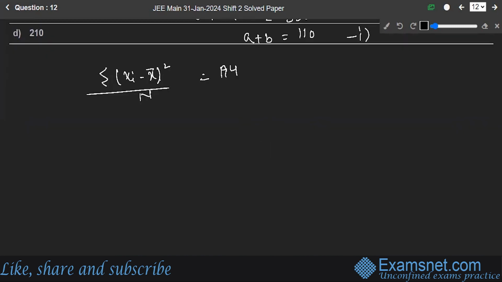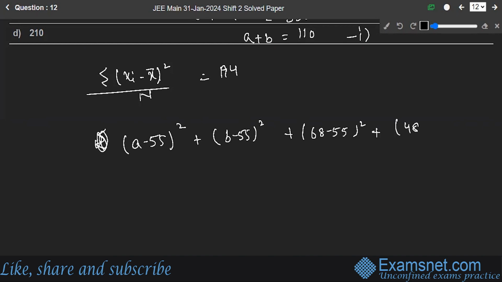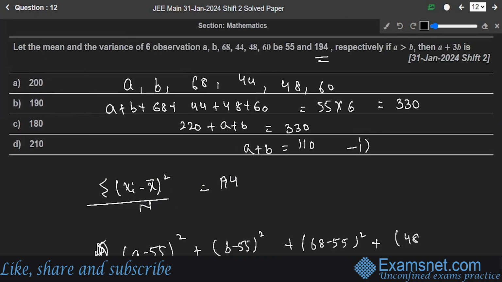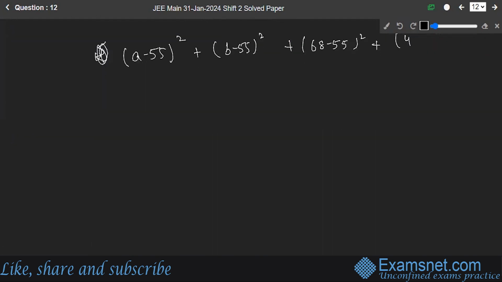So summation of xi minus x bar. The first term was A, and the mean is 55. So A minus 55 square, B minus 55 square, 68 minus 55 square, then I have 44 minus 55 square.